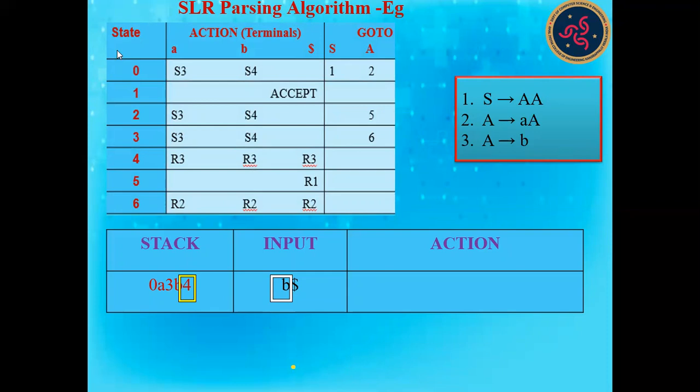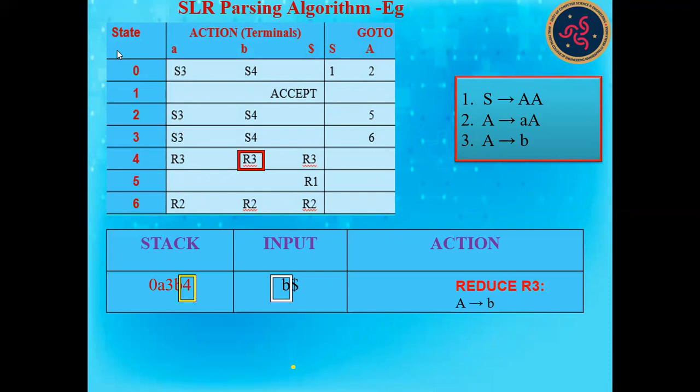Here comes a reduce action. When a reduce action occurs in the table, then you have to perform the pop operation. The production is R3.